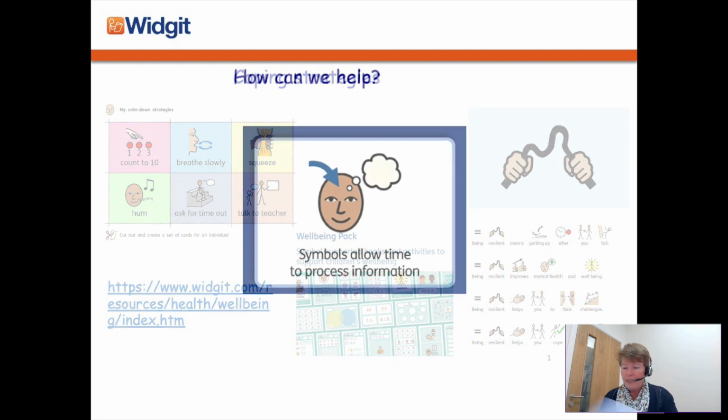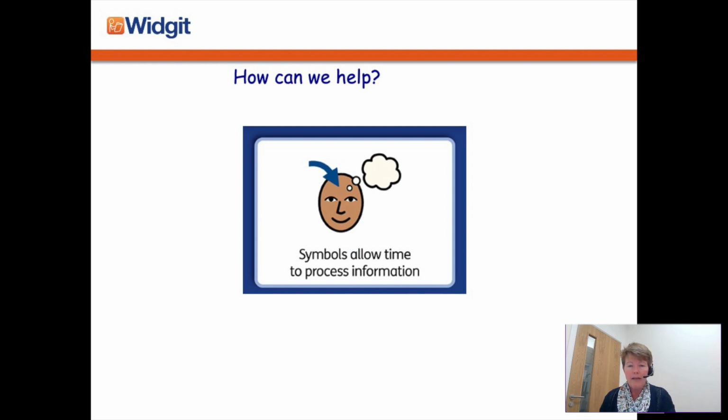Next slide, please. Okay, so symbols allow time to process information. This goes with what we were talking about already, that our words disappear, but the visuals are permanent. But also, children with potential speech and language difficulties, children with English as an additional language, children who might have dyslexic-type difficulties, are slower at processing language and information.